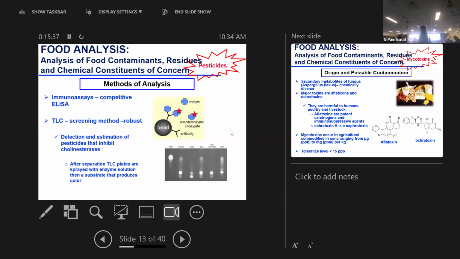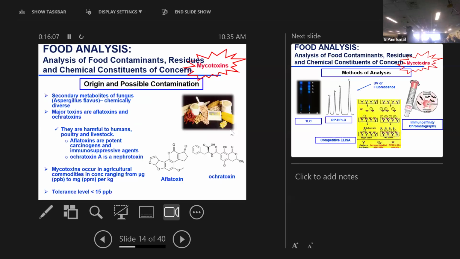We spray with enzyme all of the sheet of the TLC, the thin layer. And then we spray with enzyme substrate. And then we see zones of clearance. Wherever you have a pesticide, the enzyme cannot convert the substrate to a product. You inhibited the enzyme. So when you see these zones of clearance, meaning the enzyme is inactivated, you have pesticides.